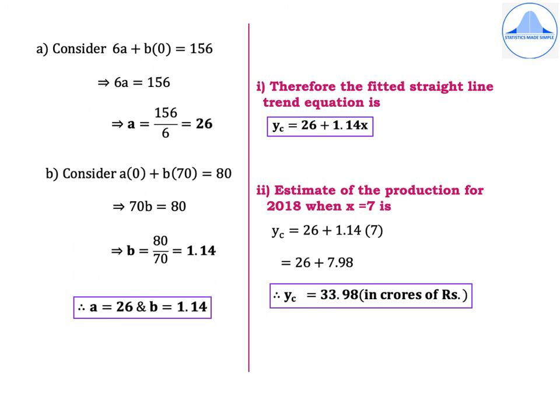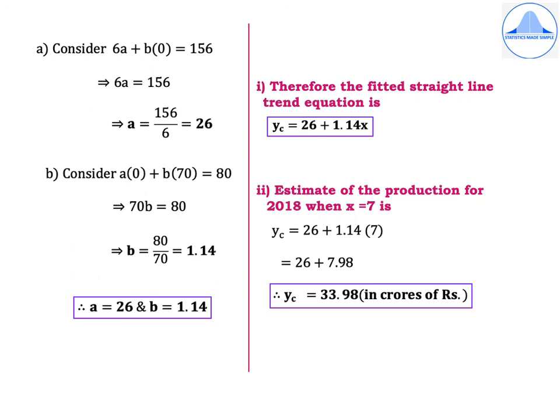And for the second normal equation, consider a into 0 plus b into 70 equal to 80, which implies 70b is equal to 80, or b is equal to 80 divided by 70, which is equal to 1.14. Therefore, we get a is equal to 26 and b is equal to 1.14.